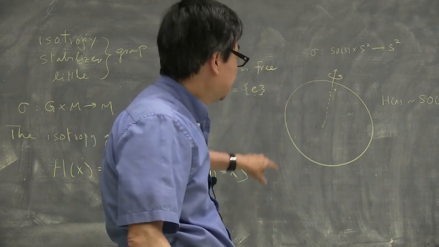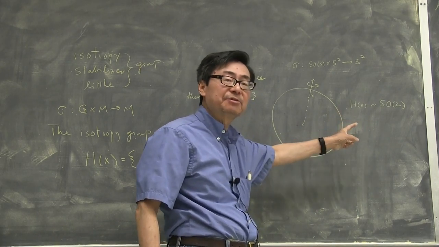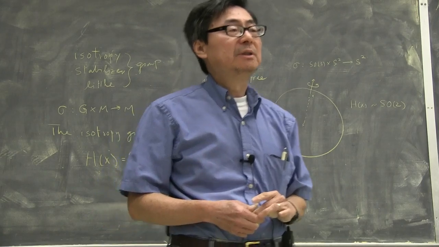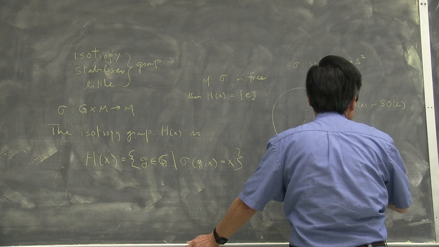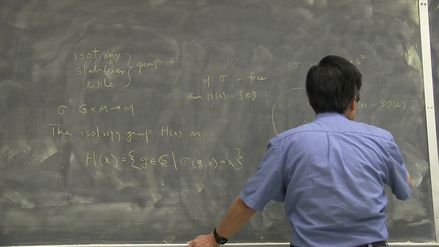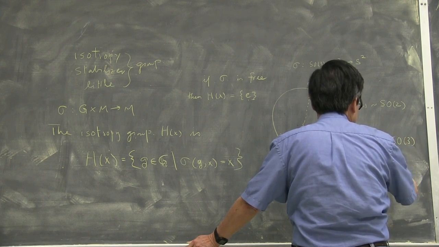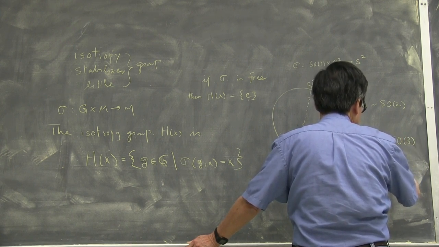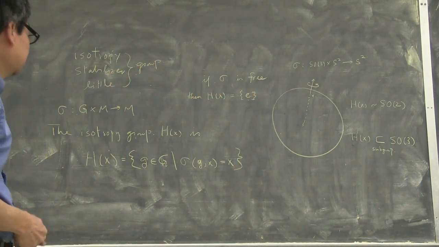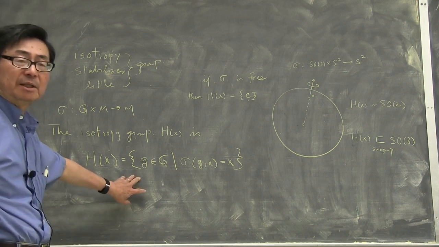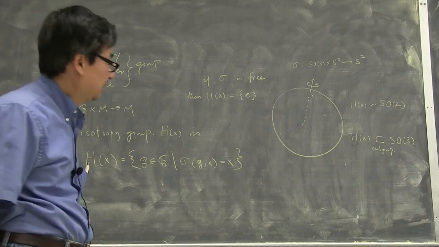The isotropy group corresponding to any point x is isomorphic. Each of these corresponding to different x is isomorphic to SO2. All right? Now, the isotropy group corresponding to any element x is a subset of SO3. It's a subgroup, in fact, because it is in its own right a group. Now, this defines it as a set, but it's also quite obvious that all these things form a group, right? Do you see why? Immediately.